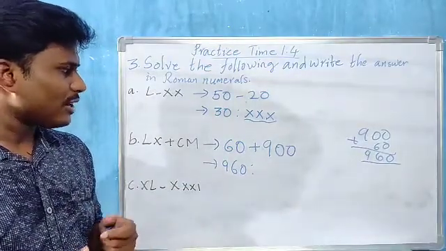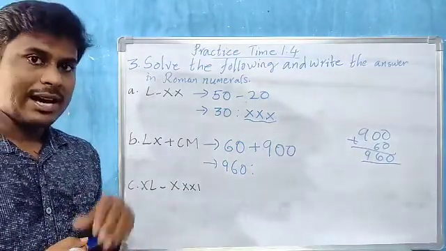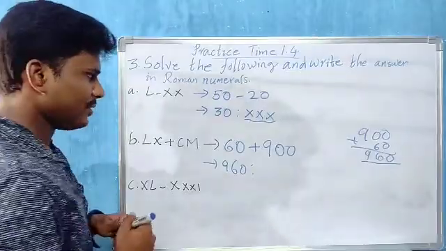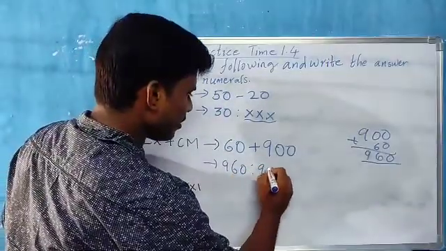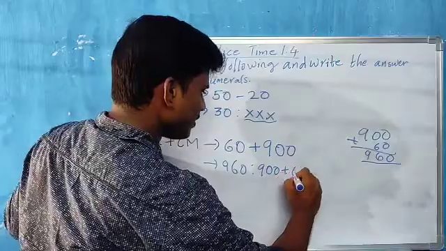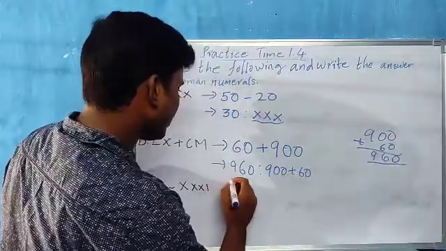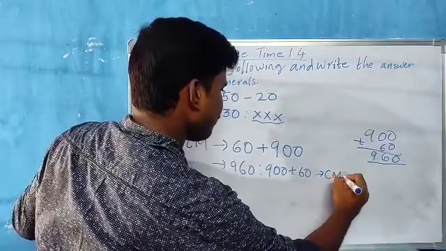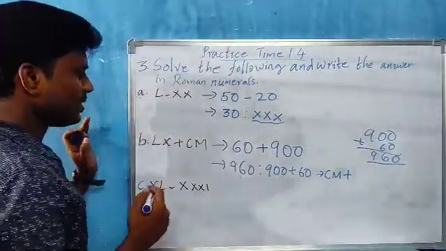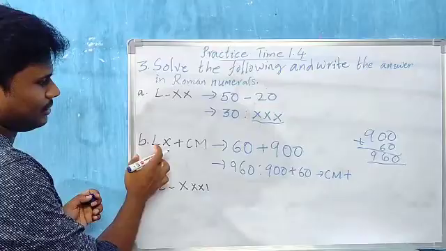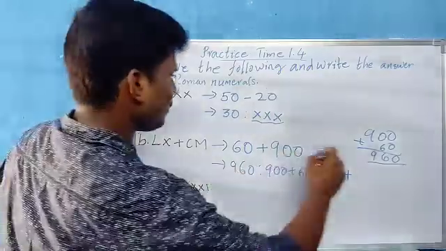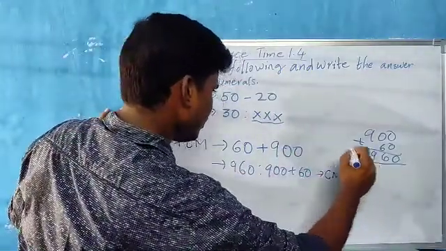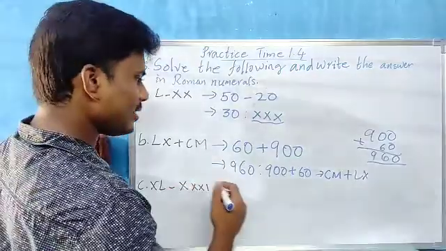So how do you convert, children? I said go for expanded form first. So 900 plus 60. The 900 symbol is CM, plus 60 symbol is LX, children. Okay. So our answer will be like this.